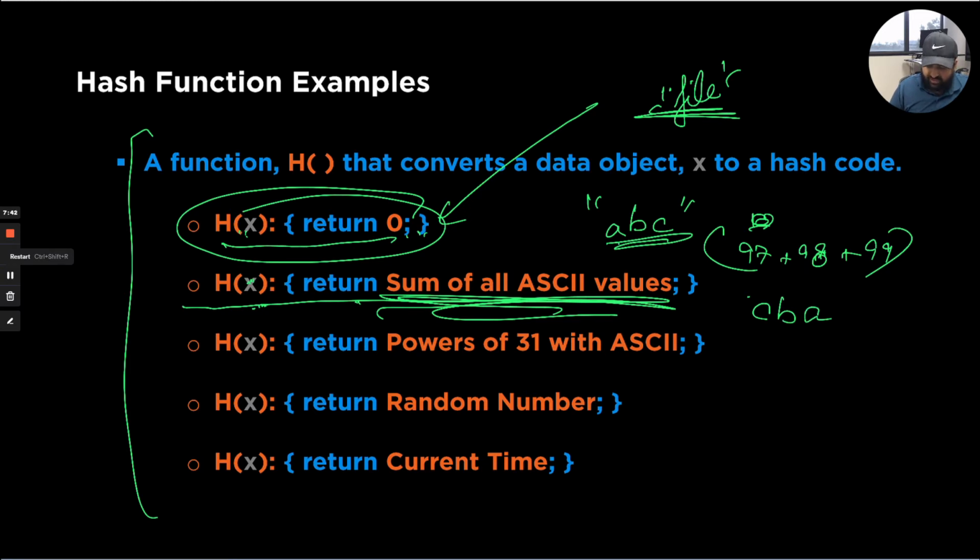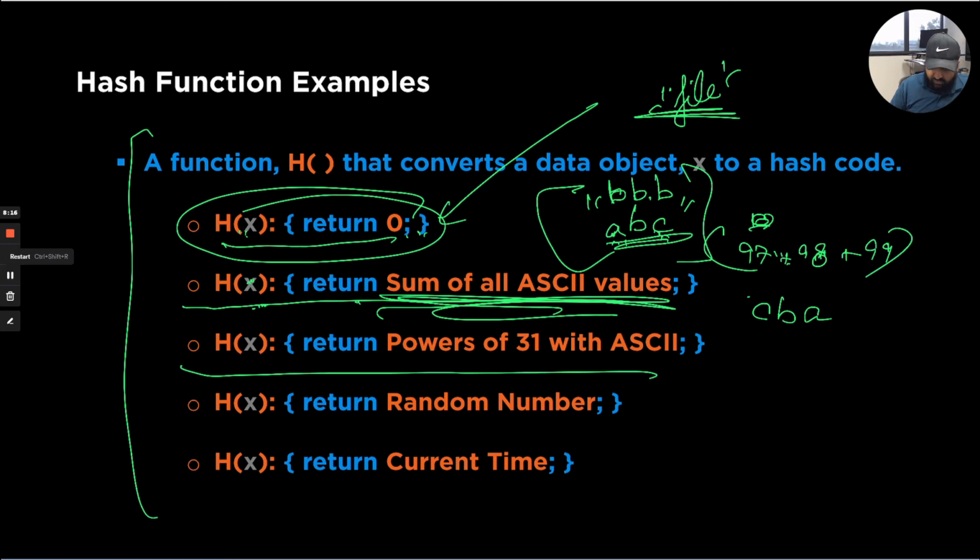Or instead of ABC, if I add one letter here, which is B, and decrease one letter from here, which gives BBB, all of these will have the same output for this hash function. So we can predict a result, and whenever we can predict a certain result for a particular hash function, it is usually not the best idea.